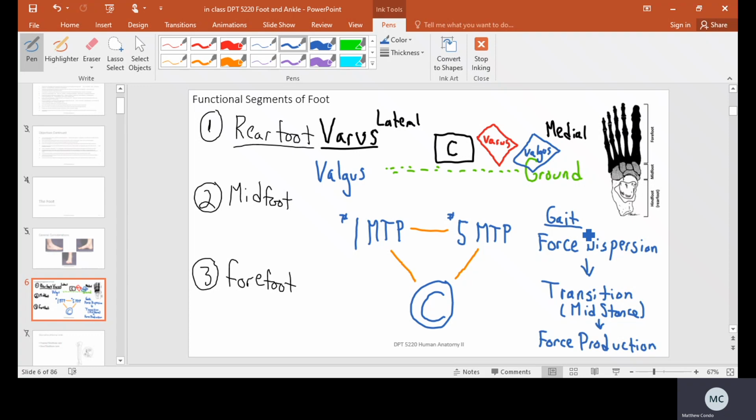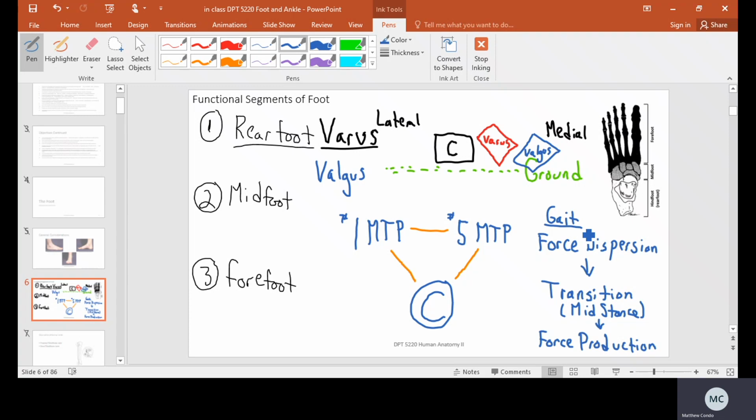It kicks out to the side. So now my normal force is being dispersed, correct? It's not going straight up through my body, it's being kicked out to the side. So in order for me to produce the same amount of force to walk, I have to step harder. I have to produce more force.